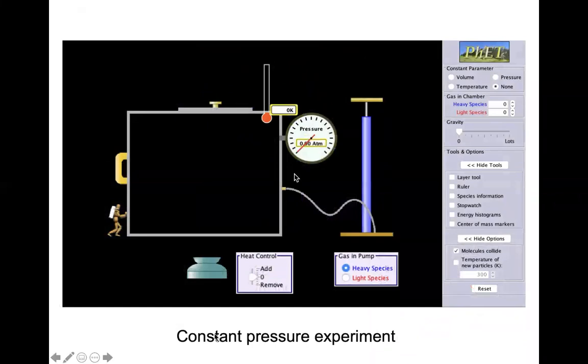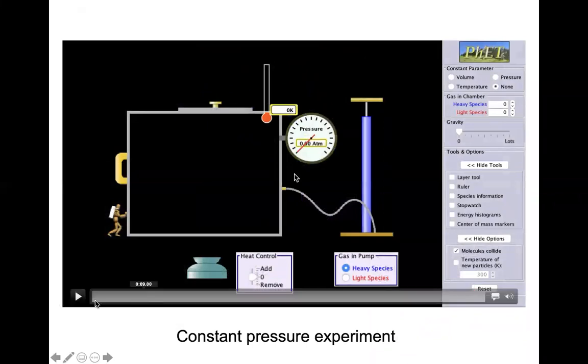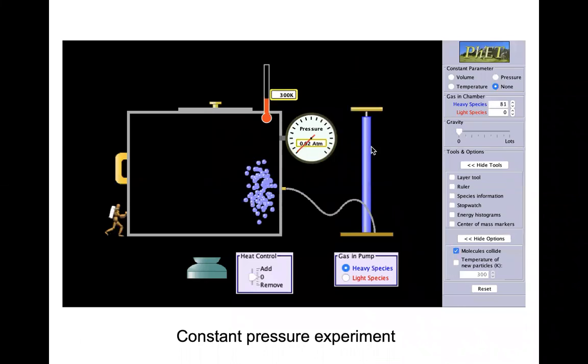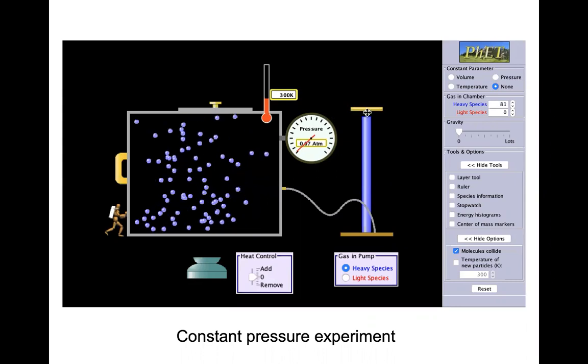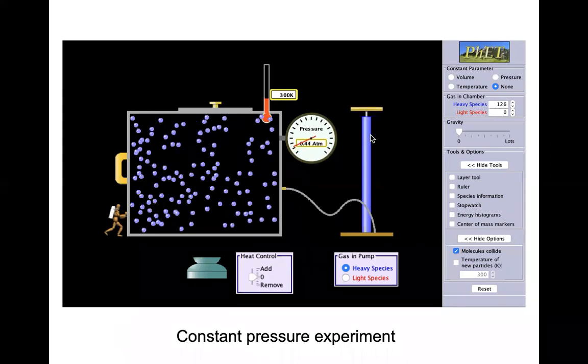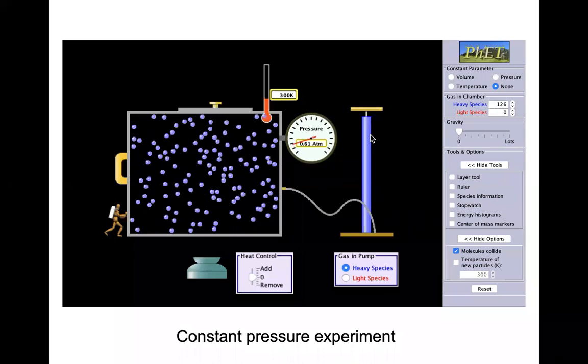What if you did the same thing here, but you made it so the pressure was going to remain constant? So let's add some particles to our container. They're all bouncing around. I see the thermometer, I see the pressure gauge.